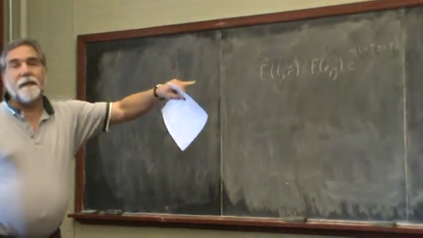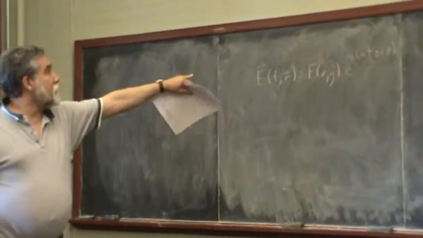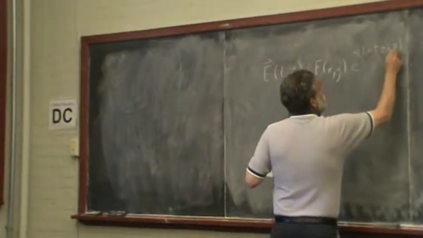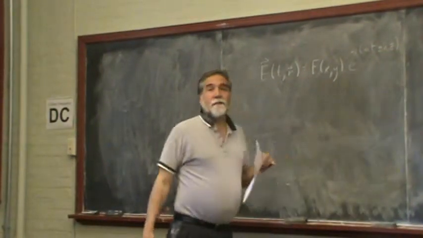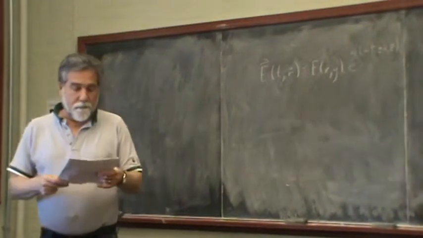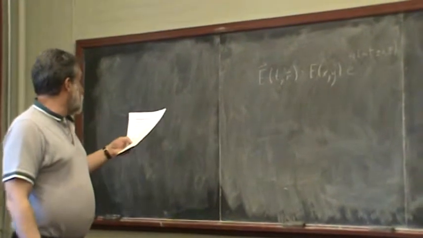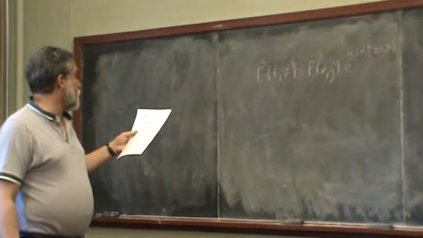If the box is finite, then k sub z is only allowed to have certain values. Just by, oops, I lost the direction of the field.